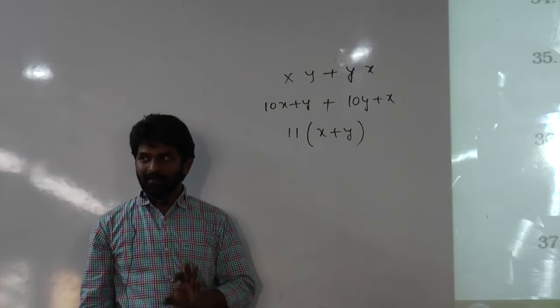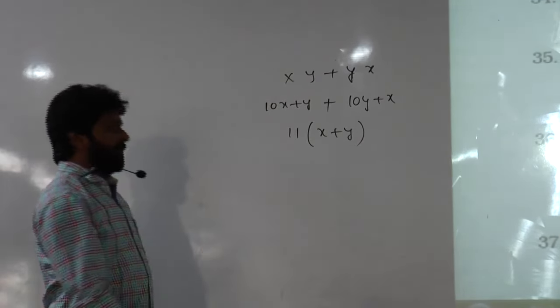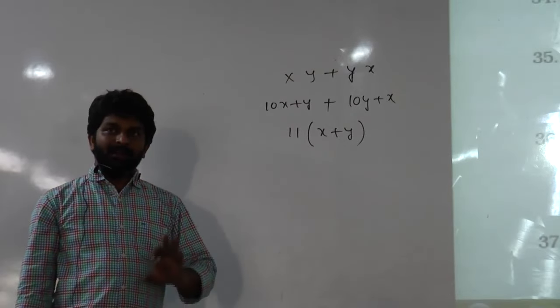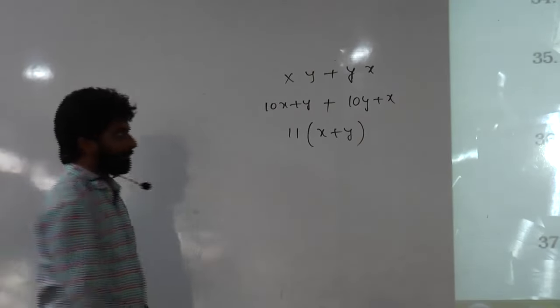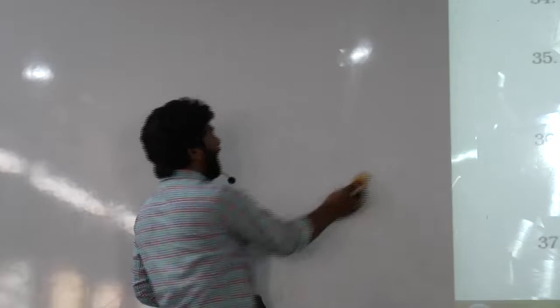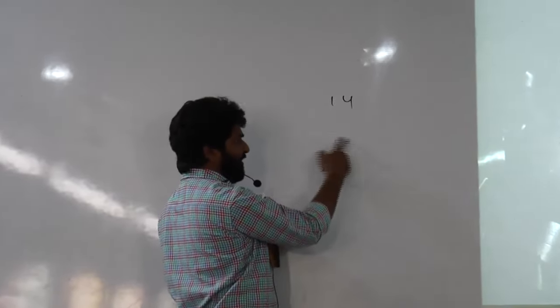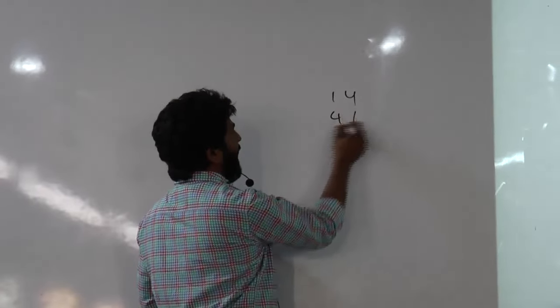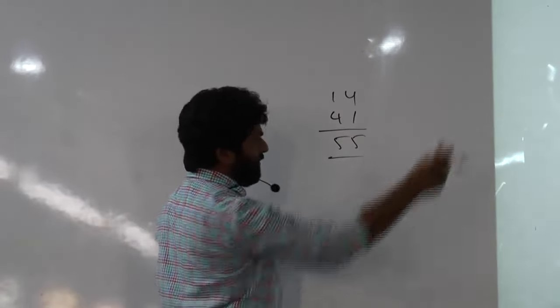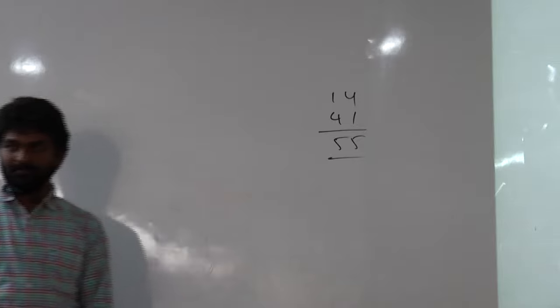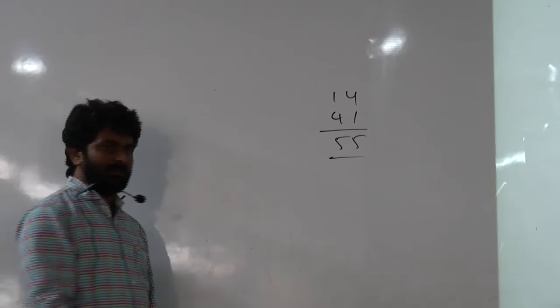Okay? Understood? Right. The sum is always a multiple of 11, the difference is always a multiple of 9. Otherwise take an example, whichever you want. 14, interchanging the digits, you will get 41. Add these two numbers, you will get 55, which is a multiple of 11. You can take any example.